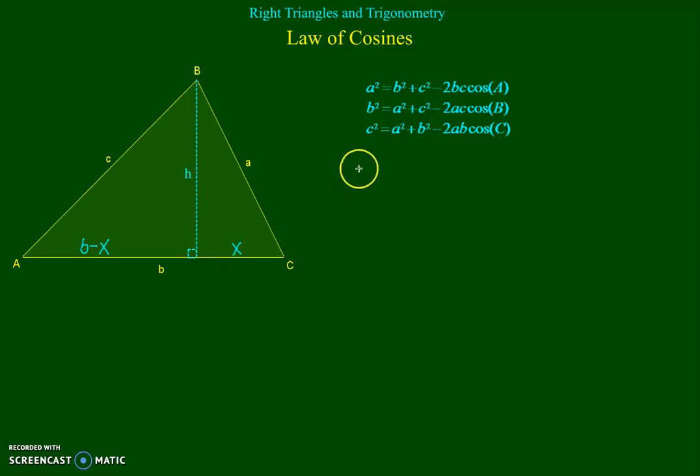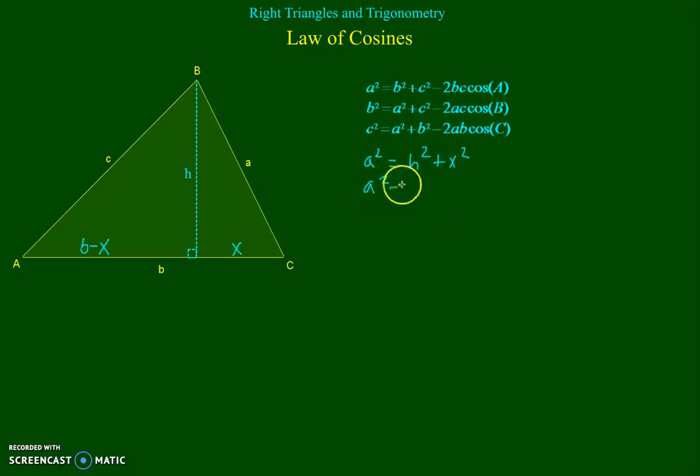So the first thing I'm going to do is use this triangle, and set up a situation with the Pythagorean theorem using A, X, and H. So A squared equals H squared plus X squared, and now I'm going to solve this for H squared.